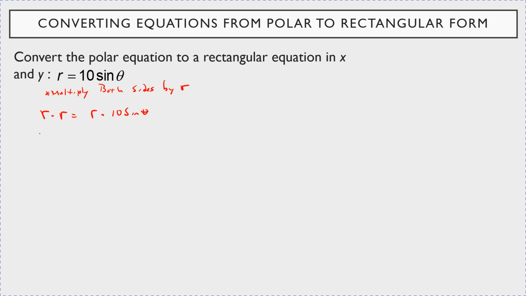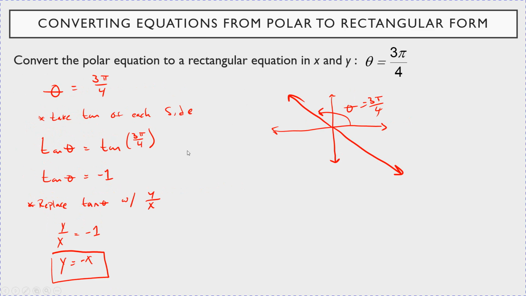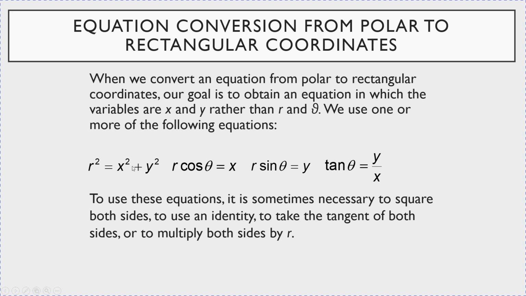So this is what I have. This is r squared is equal to, I'm just going to rearrange this. I'm going to write this as 10 times r sine of theta. Why did I do that? Well, look, r squared, going back, we know is equal to x squared plus y squared, right? And what is r sine of theta? That's just y.